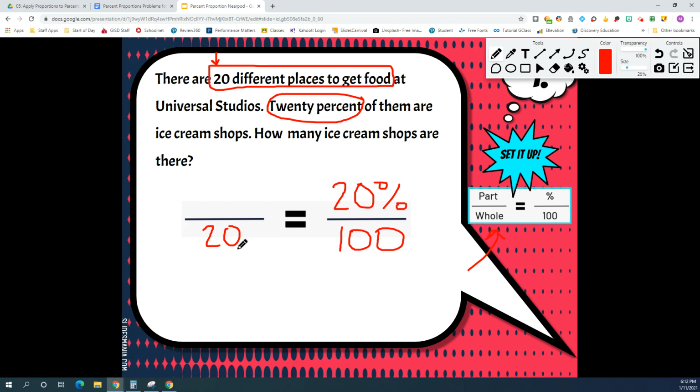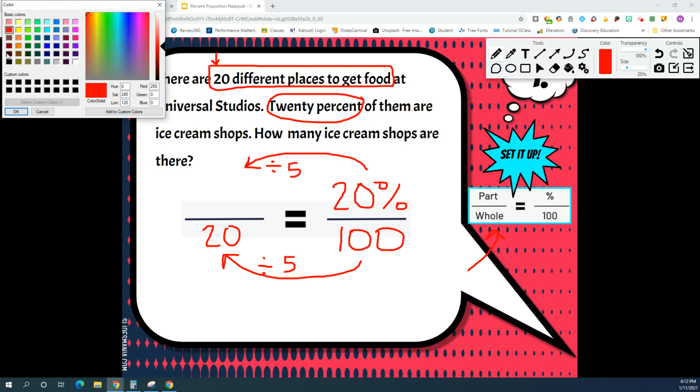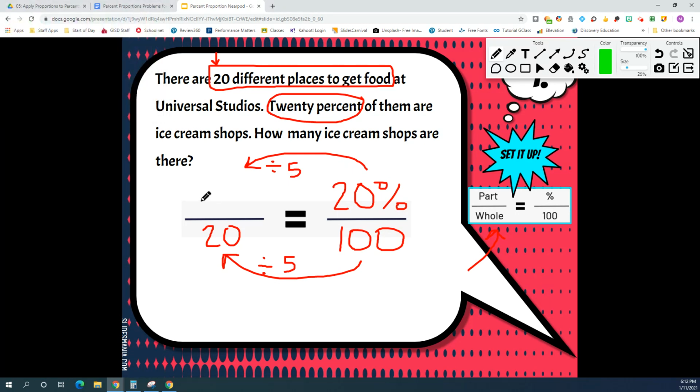I know that I can go from 100 to 20 by dividing by 5. 100 divided by 5 is 20. And so then I can do the same thing up top to my numerator. 20 divided by 5 is 4. And so 4 is the answer.